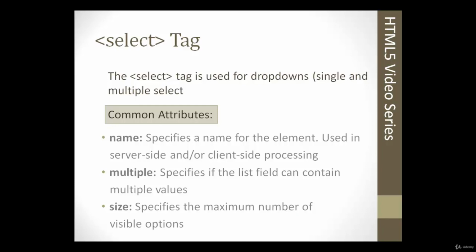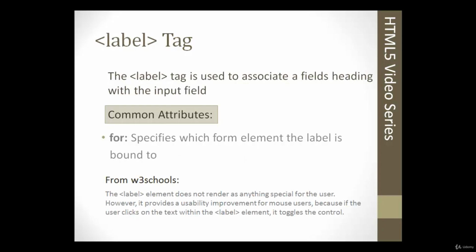Alright, so next we have the label tag, and the label tag is a form element, but it's not a user input element. It's used to associate text with an input field. So you might have something like first name, and then maybe the input tag directly after it.